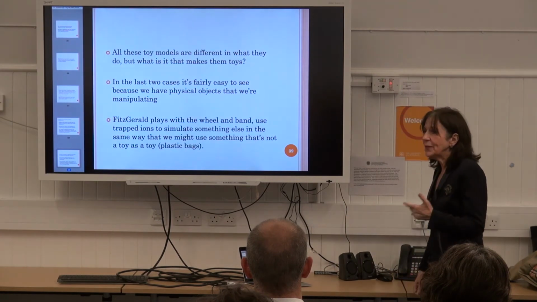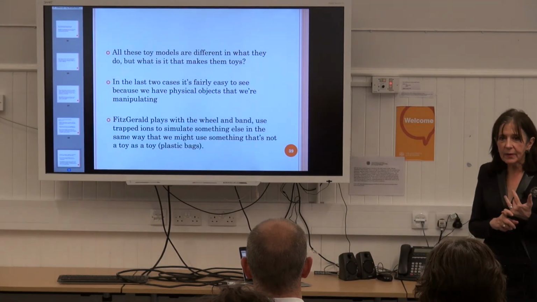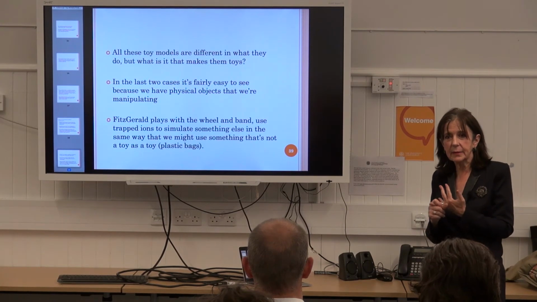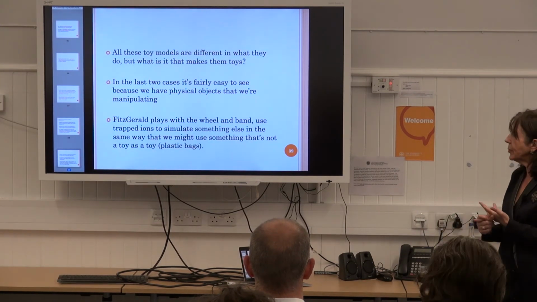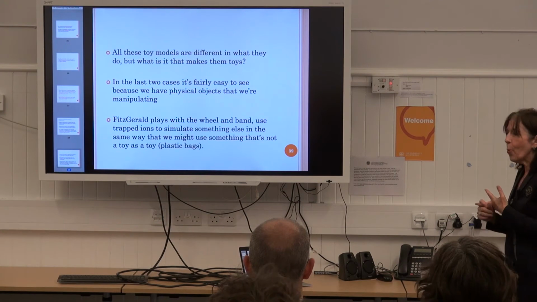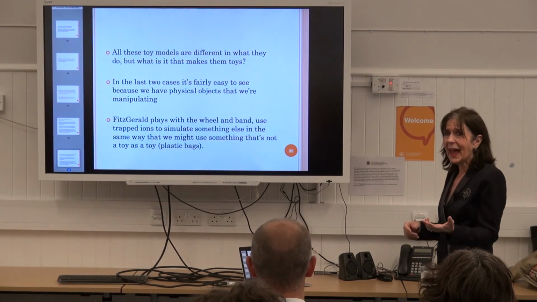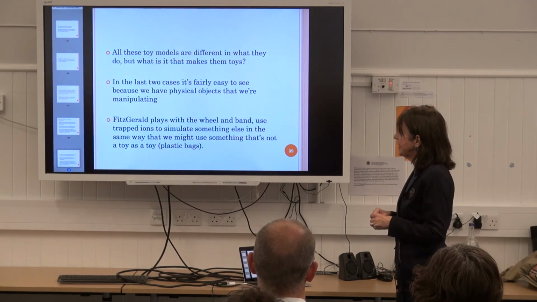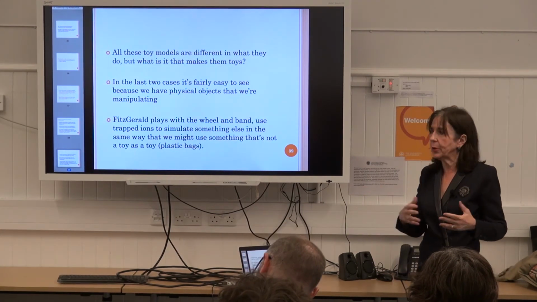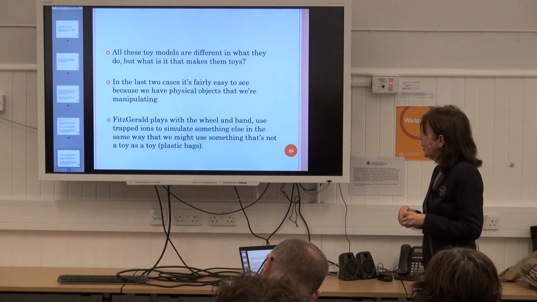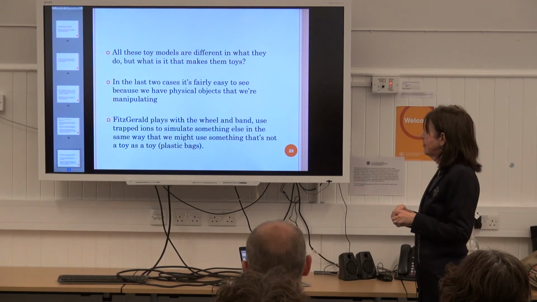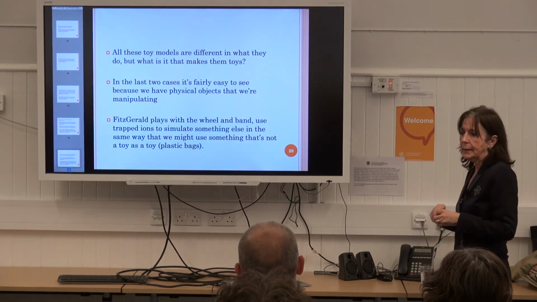So all of these toy models are different, right? The Ising model, the physical models, the quantum graphs. But what is it that makes them all toys? Well, in the last two cases, it's fairly easy to see because we've got physical objects that we're manipulating. Fitzgerald played with the wheel and band model.